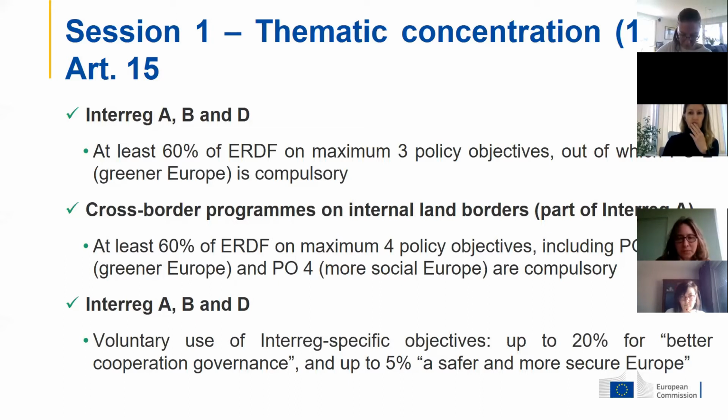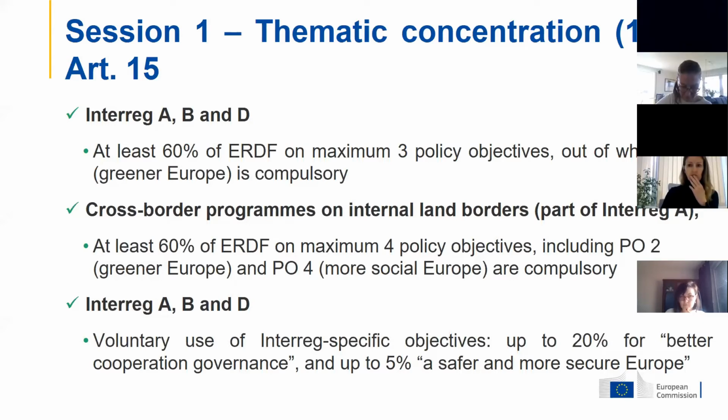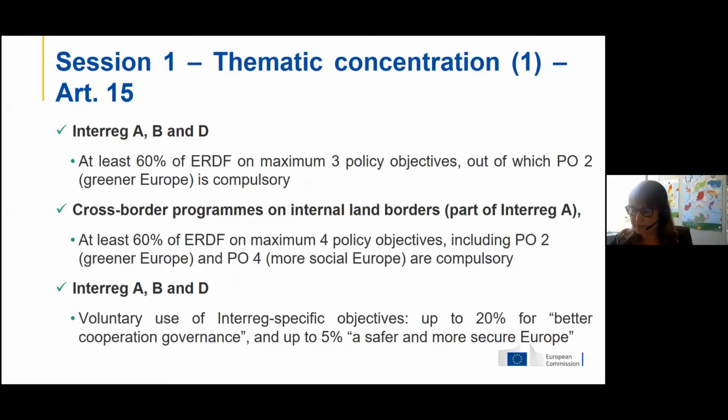So I will jump immediately to the Article 15, which is about the thematic concentration. And as we heard from Moray in his opening speech, this was an area or a topic that required a lot of discussions and negotiations during the trilogues between the Council and the Parliament. And what you see now in the slides is the kind of final result of this work.